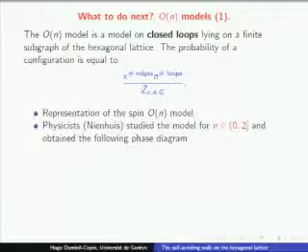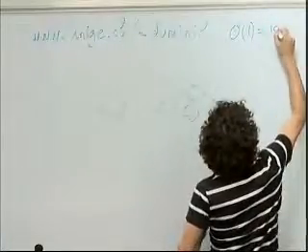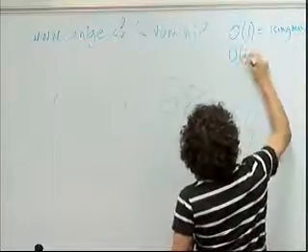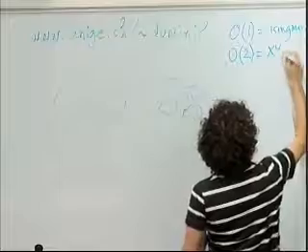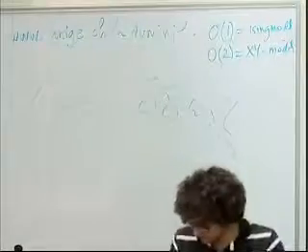That's a representation for the spin O(n) model, which is even more famous. The spin model is just, you put on the faces of your graph a spin, which is an element of the n-dimensional sphere. So O(1) is the Ising model, and O(2), for people who know that, is the XY model, and so on.